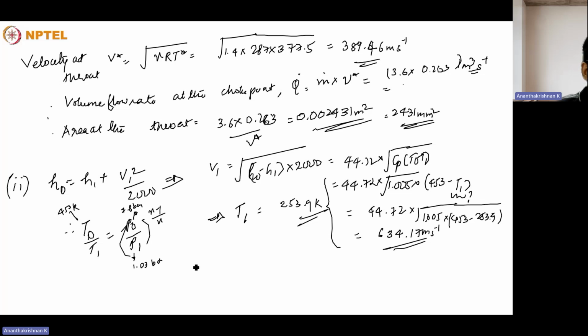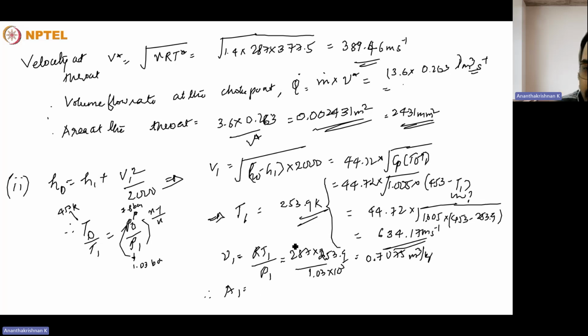Similarly, we should calculate the specific volume at the exit point. So v could be written as RT1 divided by P1. R is 287, temperature 253.9, divided by P1 which is 1.03 into 10 power 5. So that will be equal to 0.7075 meter cube per kg. Therefore, the area at the exit could be written as volume flow rate divided by velocity.